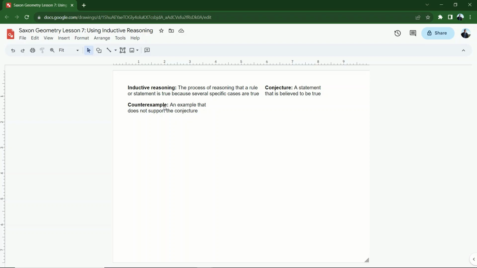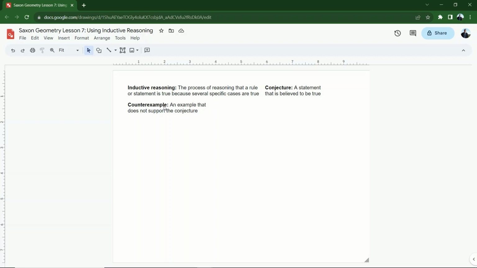You just need one counterexample to disprove your entire conjecture, okay? So that's a really important understanding in inductive reasoning too. It takes a whole lot of evidence for you to state that something is correct based on inductive reasoning. You do a lot of experiments. You look at a lot of individual cases and examples, but it just takes one counterexample to prove it false.